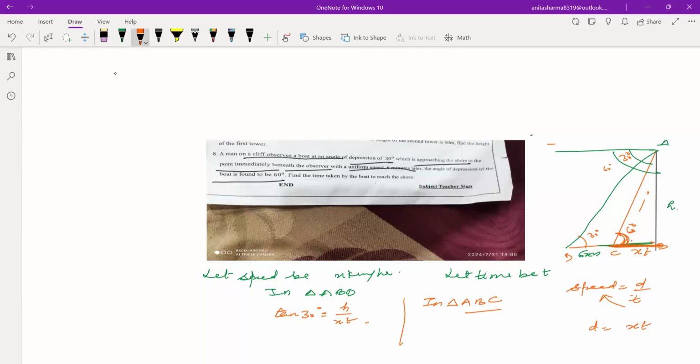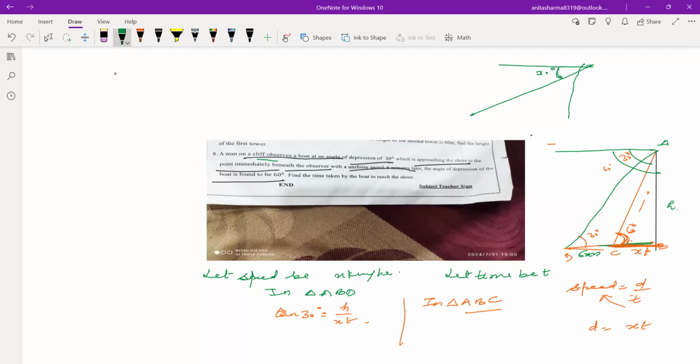So now you will apply this trigonometric ratio here also. So what will it be? Children, if you have not observed, see here, the man on the cliff is standing here. A boat is coming, and the angle of depression, this angle, is 30 degrees. Right?